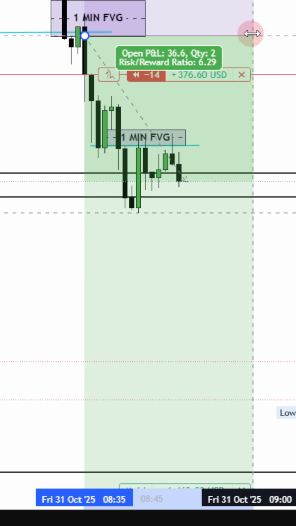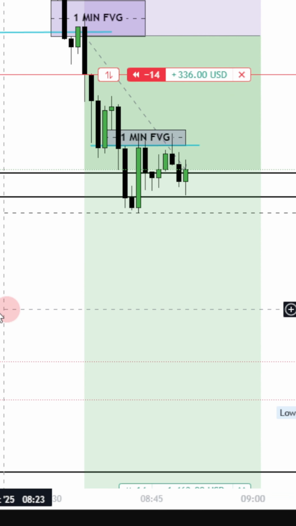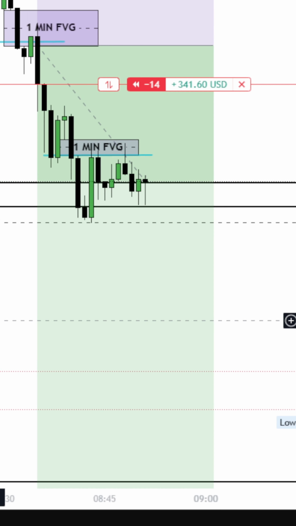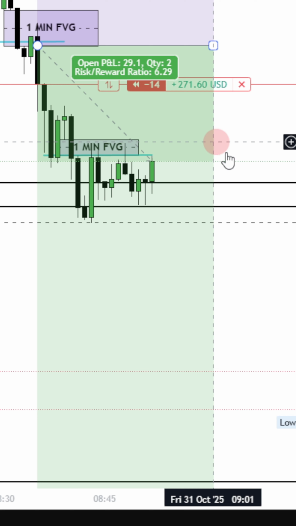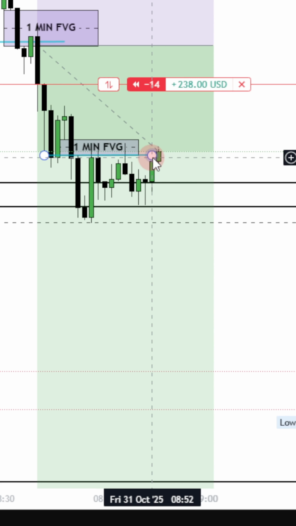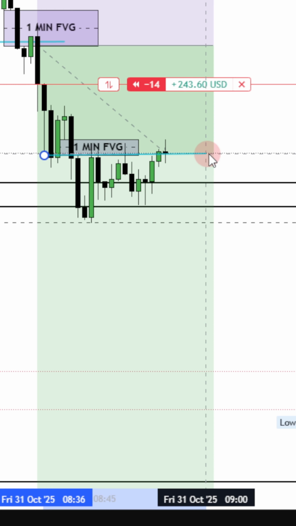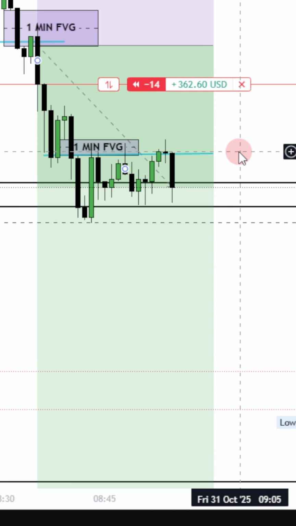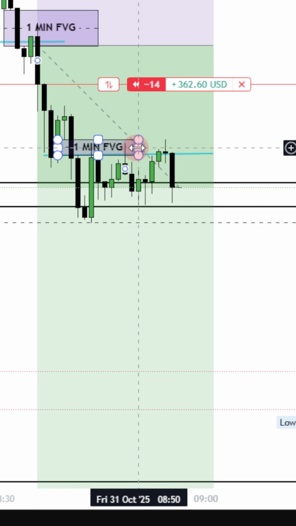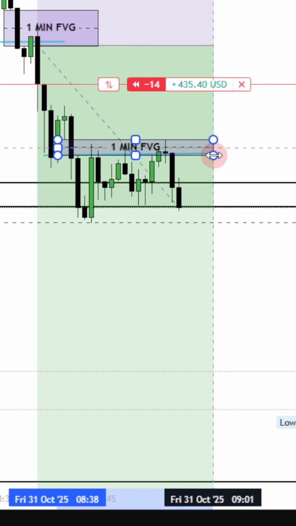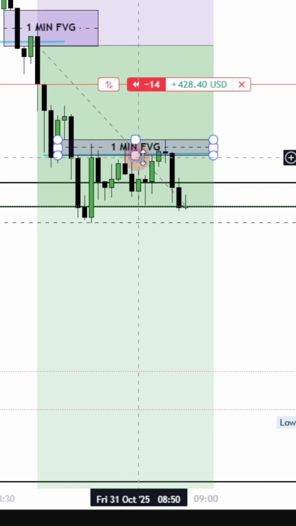Bring this over. It tapped into this 1 minute break of structure right here that I'm dragging over. It respected it, as well as it respected the 1 minute fair value gap we created to go lower.